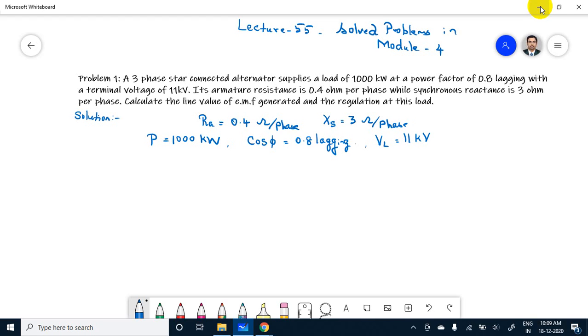Terminal voltage, the other name of terminal voltage will be a line voltage. Okay, line voltage 11 kilovolt.